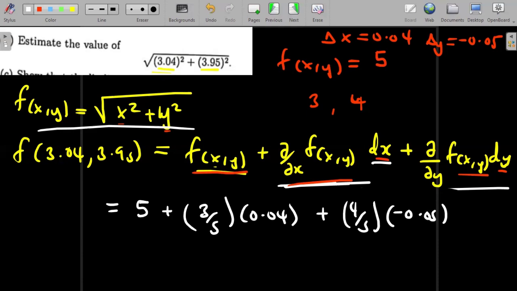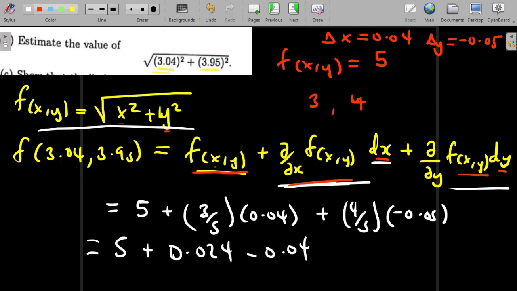And evaluating this, when we evaluate this, at the first we get 5. Then I can multiply 3 over 5 by 0.04, and I'll get 0.024. Then I can multiply the other one, 4 over 5, multiplied by negative 0.05. Then I'll just get negative 0.04.